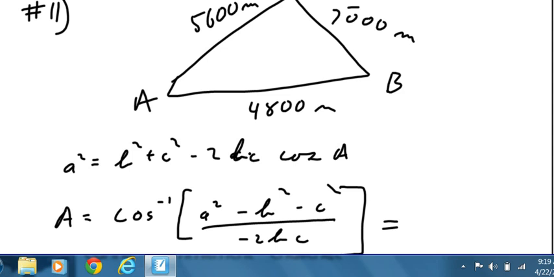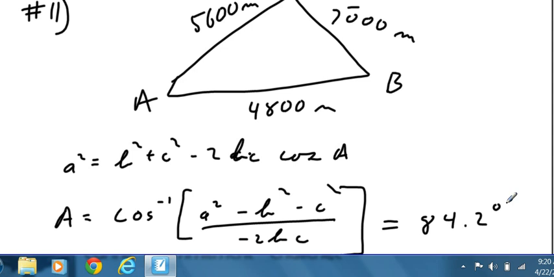Arc cosine, parentheses, 7,000 squared minus 5,600 squared minus 4,800 squared, close parentheses, divided by, and we'll put parentheses around it again, minus 2 times B, 5,600, times C, 4,800, close parentheses, equals, and I get A is going to be 84.2 degrees.